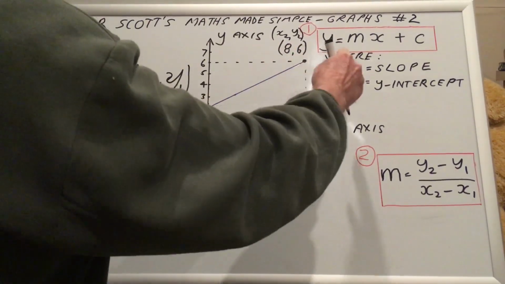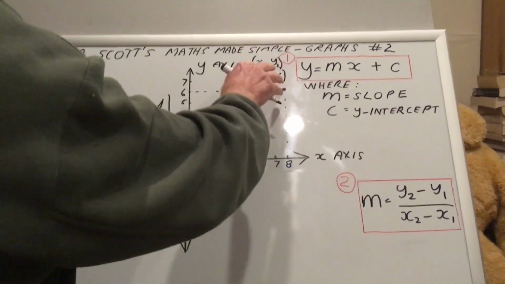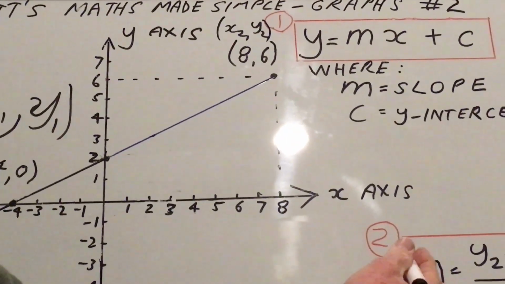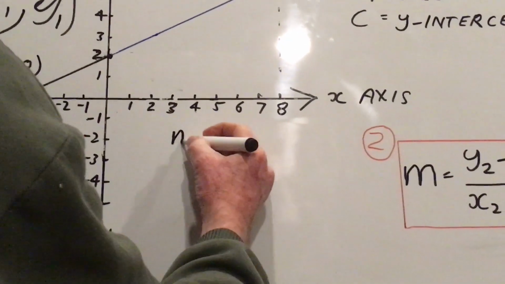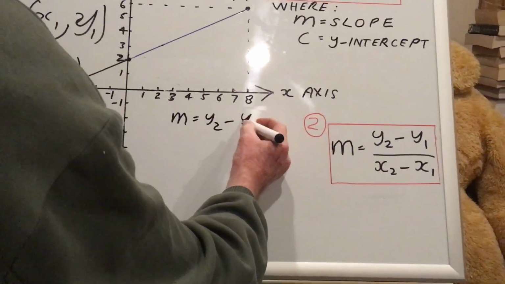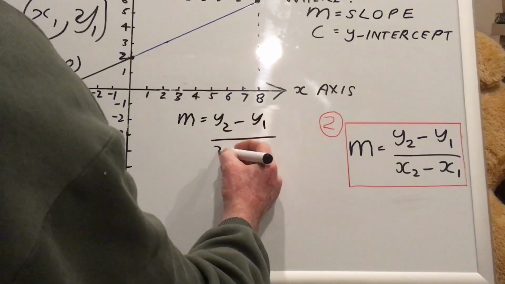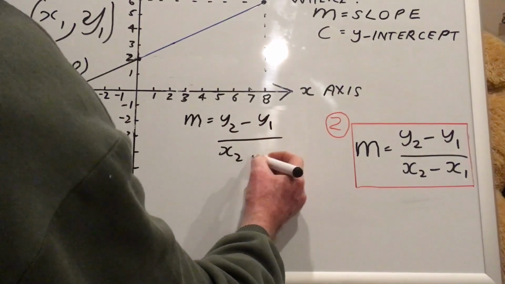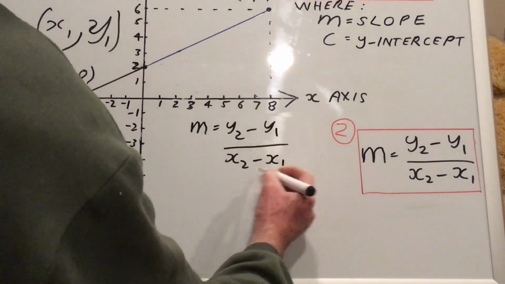It always goes to the right, so on the right are x2, y2. So the formula says slope m equals y2 minus y1 divided by x2 minus x1.